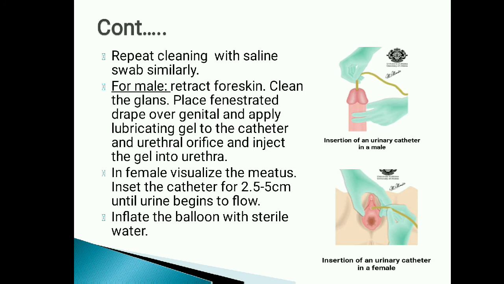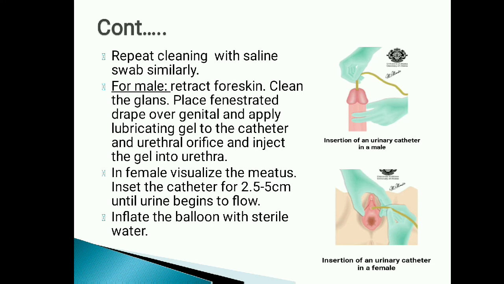In female, visualize the meatus, insert the catheter for 2.5 to 5 centimeter until urine begins to flow. In case of the male, the urethral length is 20 centimeter, and in case of the adult female, the urethral length is approximately 4 centimeter. But in case of children, it can vary according to the age and height of the child.